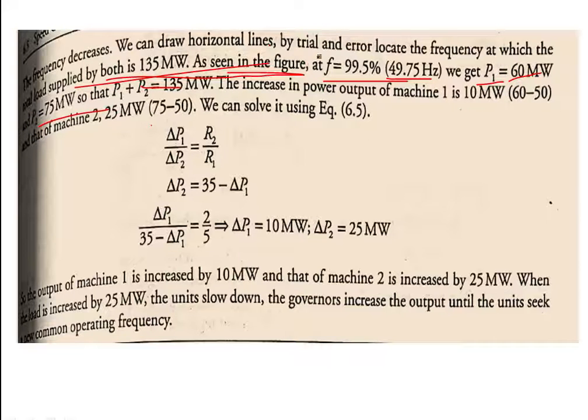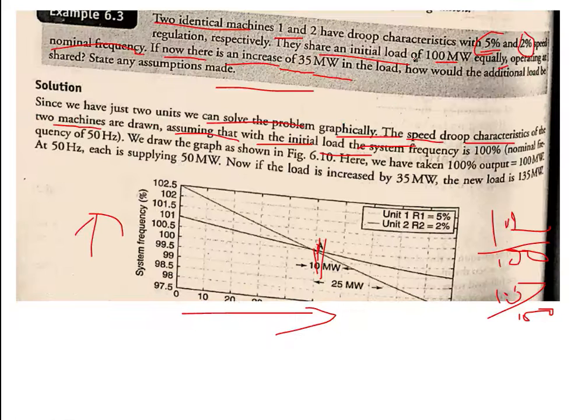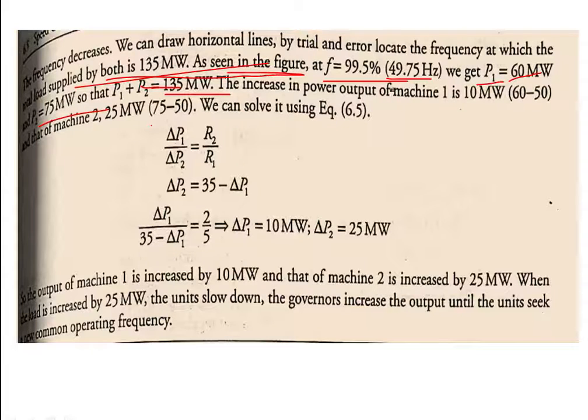If you add both the powers, we get 135 megawatt. So 35 megawatt of load is increased. For machine 1, 5% droop, and P2 is 2%. So we will get the values like this.